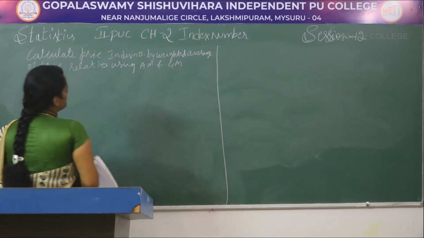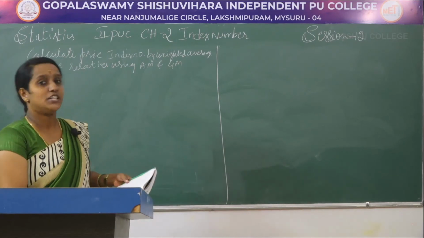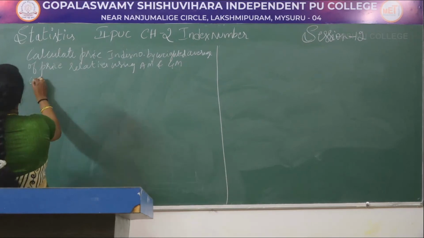For both the methods we are solving, but in your examination they will ask this problem for GM, particularly for GM they will ask. So I'll write down the problem.